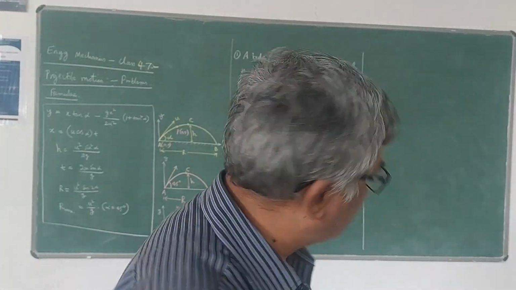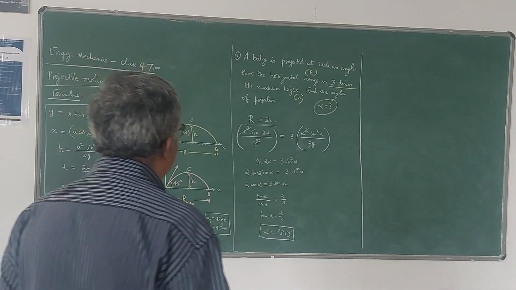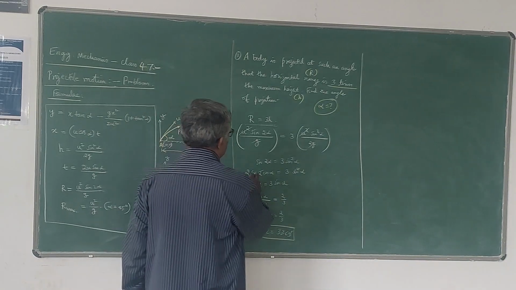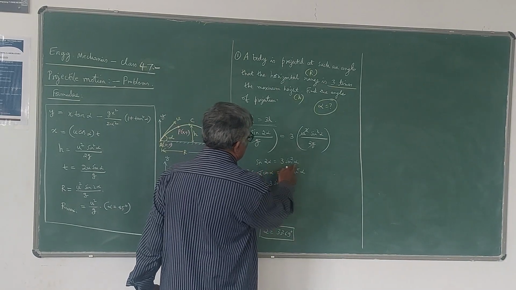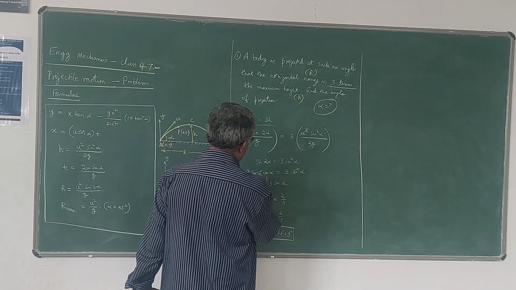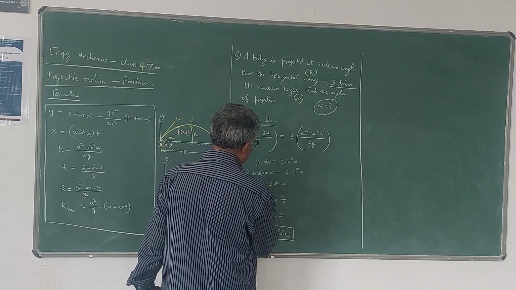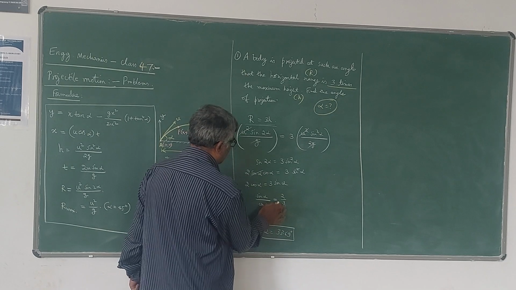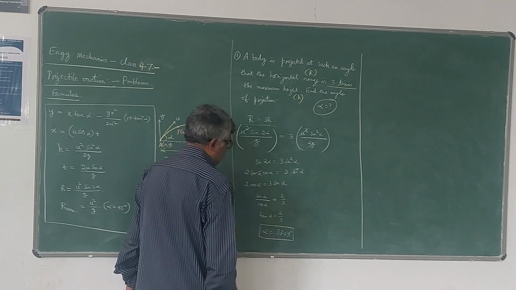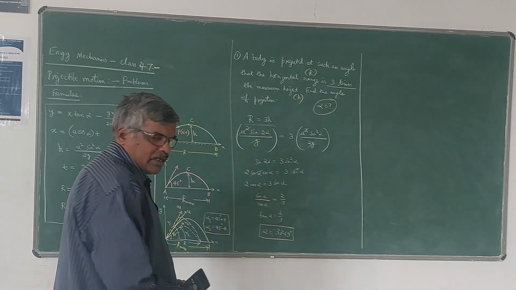Now, let me check this once again. So it is 3 sin square alpha, and 2 cos alpha is equal to 3 sin alpha. So sin alpha by cos alpha is equal to 2 by 3, giving 33.69 degrees.